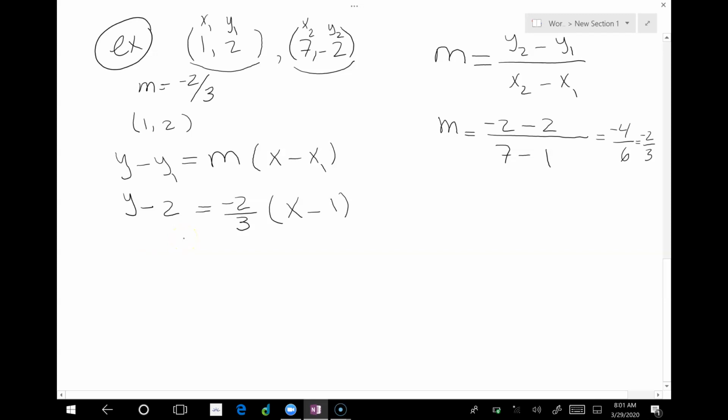Same process here. You're going to distribute the 2/3 into the equation. So you have y minus 2 equals negative 2/3 x. Negative 2/3 times negative 1 is positive 2/3. Now to isolate y, you add 2 to both sides.